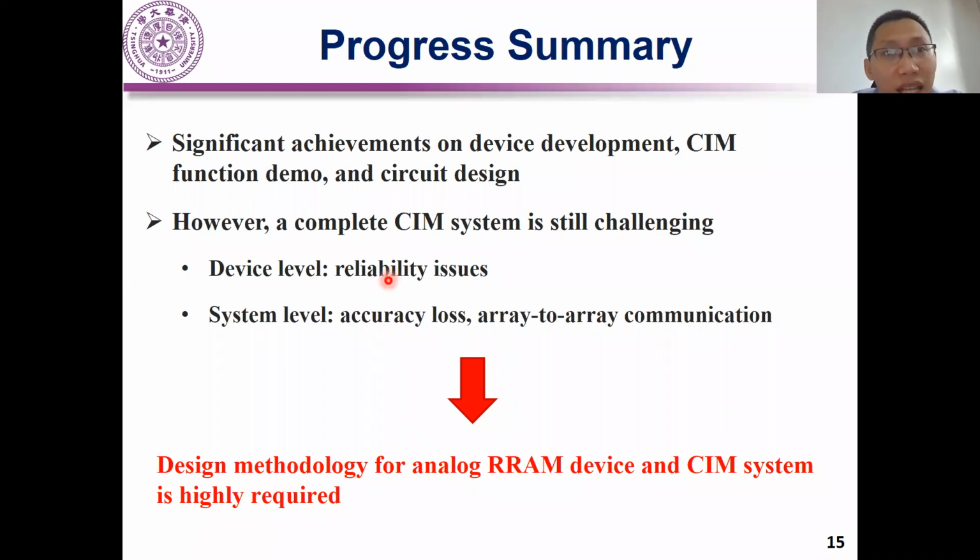And on the system level, one challenge is how to fight against the accuracy loss. Another challenge is how to All these challenges originate from one reason. This is the lack of design methodology for analog RRAM devices and the CIM system.